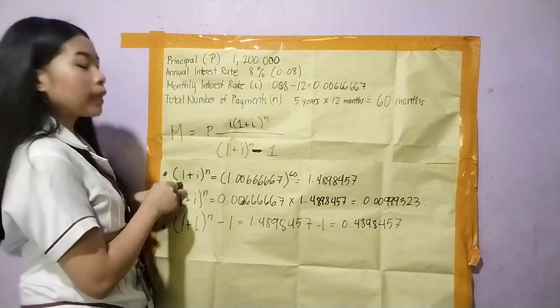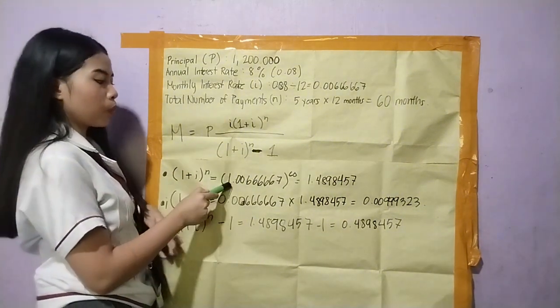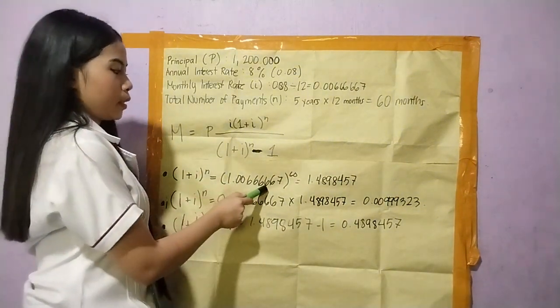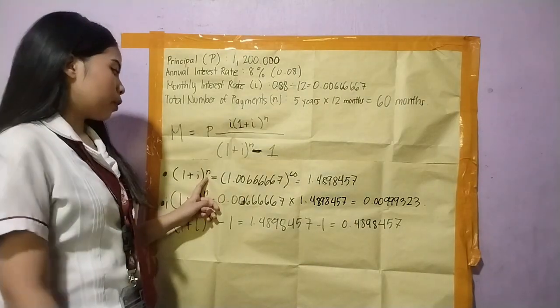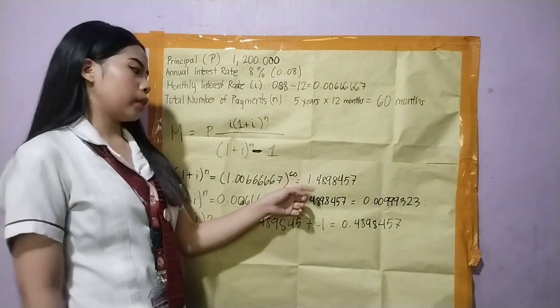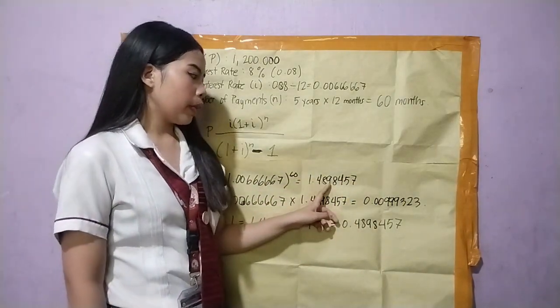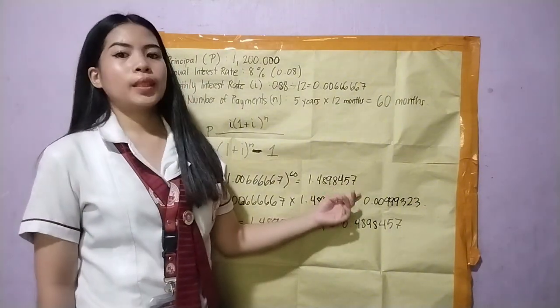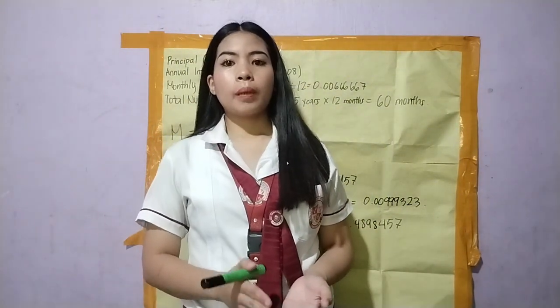We add it to 1, and the answer is 1.0066667. Raised to the power of 60, the result is 1.48988457. Next, we calculate the numerator using the monthly rate.